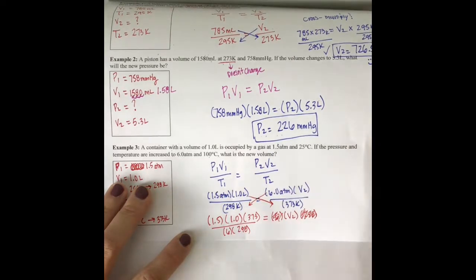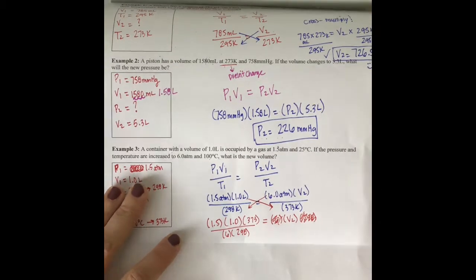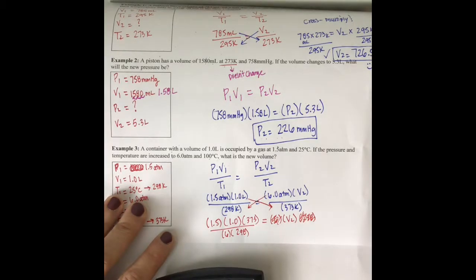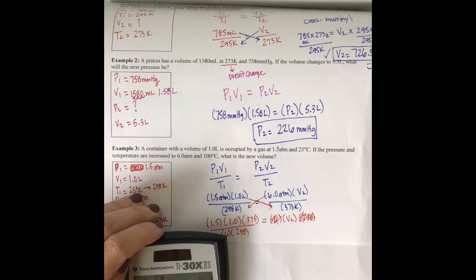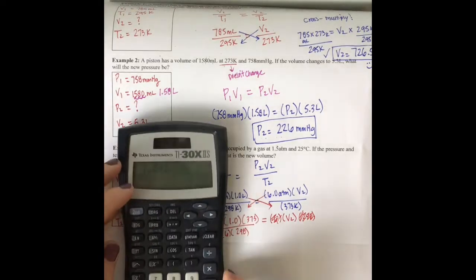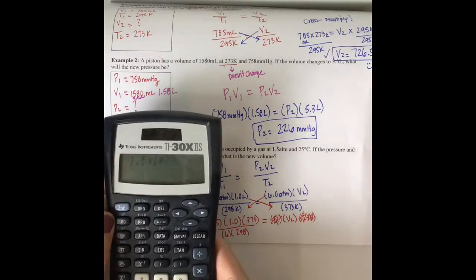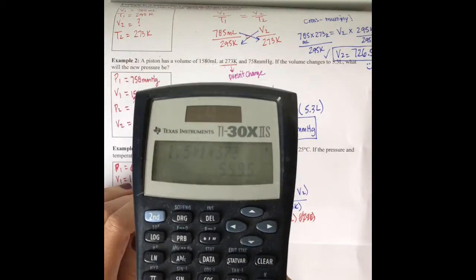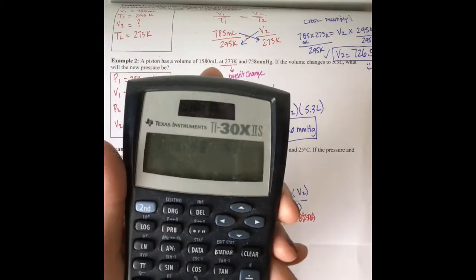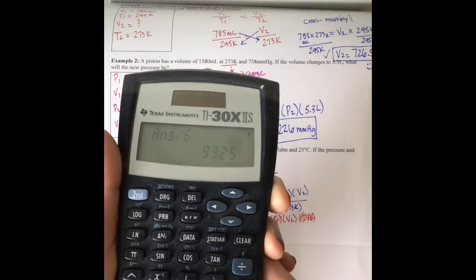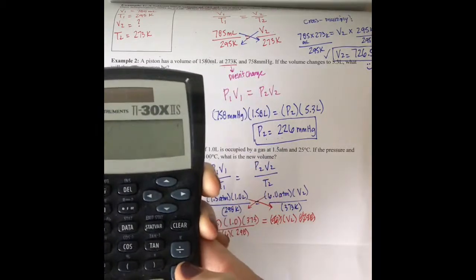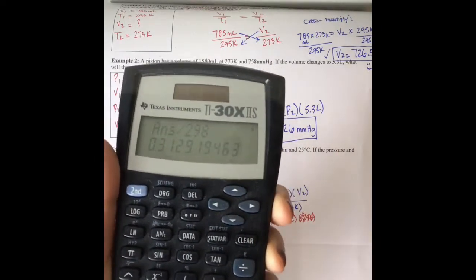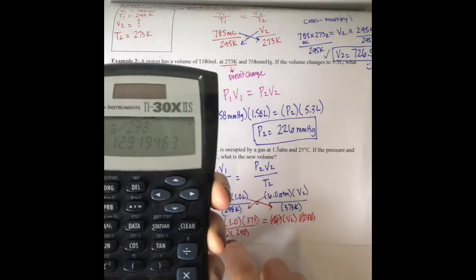What that would look like in your calculator: you take 1.5 times 1 times 373. I would probably press equals after that, and then divide by 6, press equals, divide by 298. Remember, these blue calculators are really picky about how you do this division here.